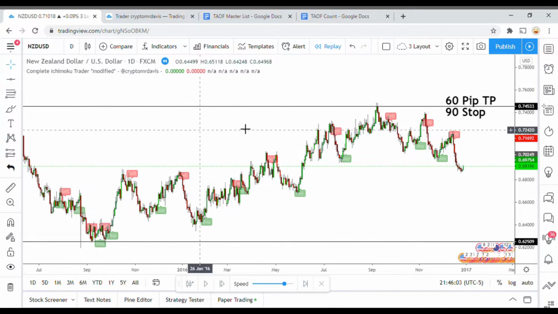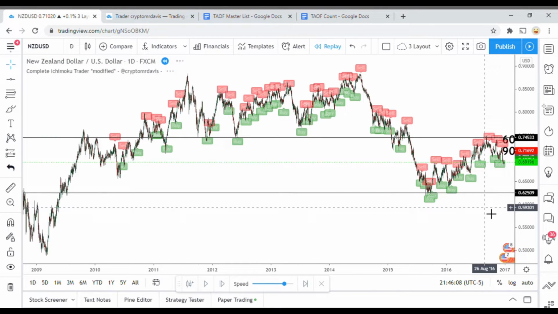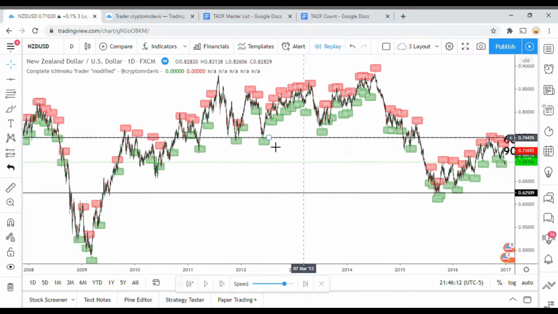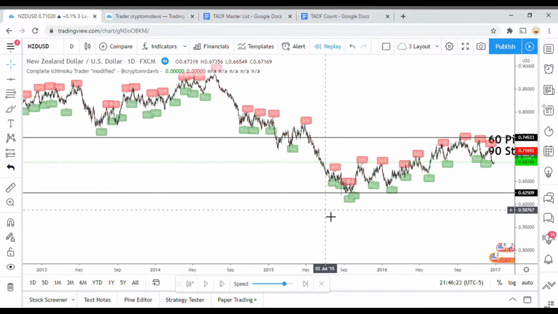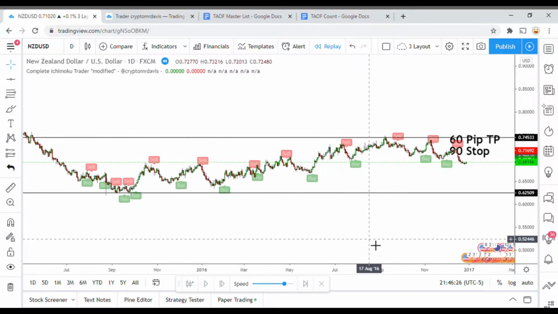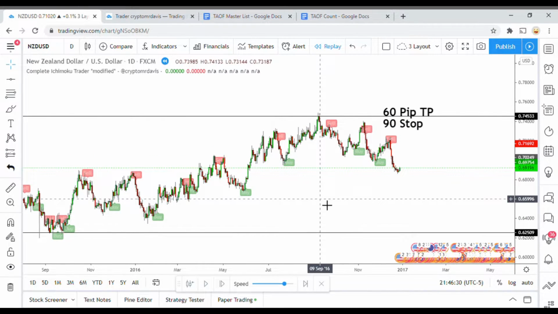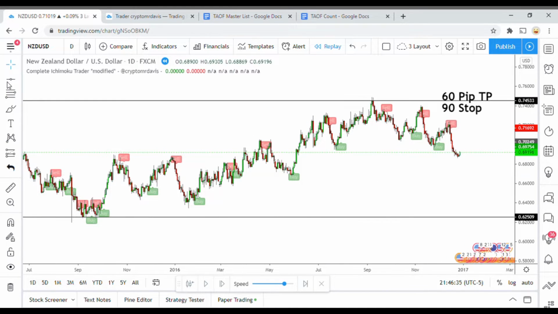In this particular case, I'm not going to go back too far. You can scroll back like this, like I explained in my last video, and start marking these off. You can also take the time frame from 1 day to 1 week, which gives you better peaks and valleys to look at and smooths things out a little more, making it a little easier to map out these areas of support and resistance, and, like I said, market structure.